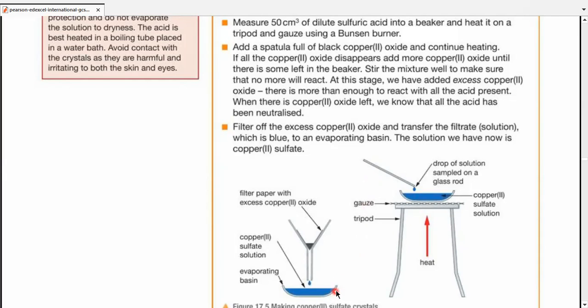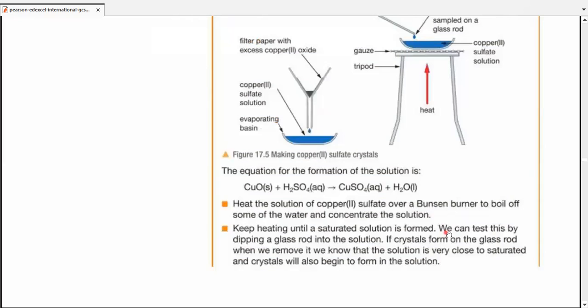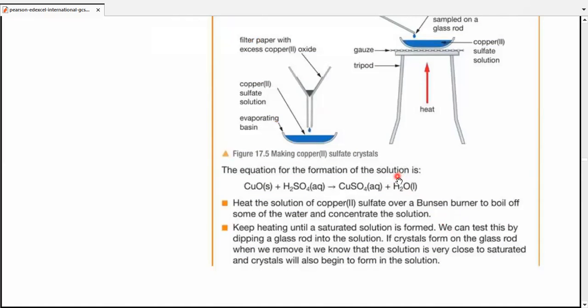The solution we now have is simply copper sulfate, the salt, and water. And the purpose of putting it into the evaporating basin is easy. Now we have the soluble salt and water. Heat the solution of copper sulfate over a Bunsen burner, boil off some of the water, concentrate the solution, but make sure you do not evaporate all of the water. Keep heating until a saturated solution is formed. You can test this by dipping a glass rod into the solution.